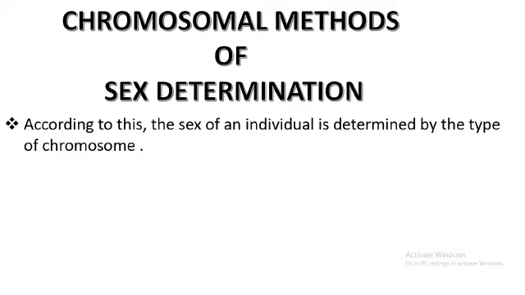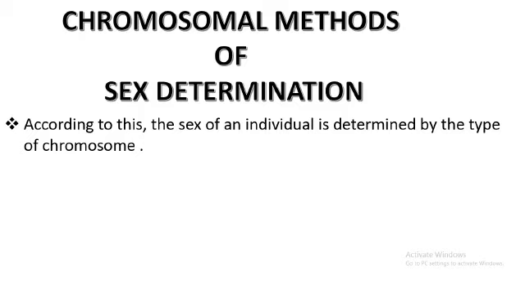To understand what a chromosome is, you have studied in earlier classes that an organism possesses chromosomes. What are chromosomes? Chromosomes are the structures that are known to act as vehicles of heredity.